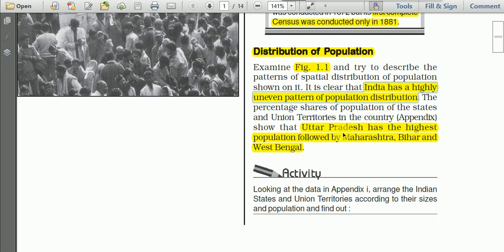And you must know that Uttar Pradesh has the highest population, followed by Maharashtra, Bihar, and West Bengal. Uttar Pradesh has the largest population, then Maharashtra, then Bihar, then West Bengal.